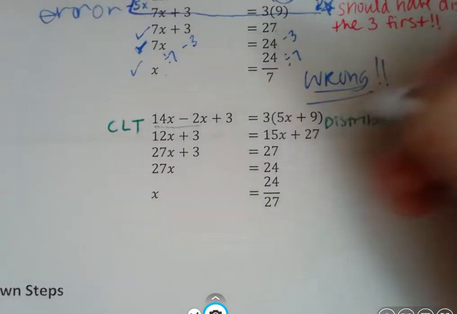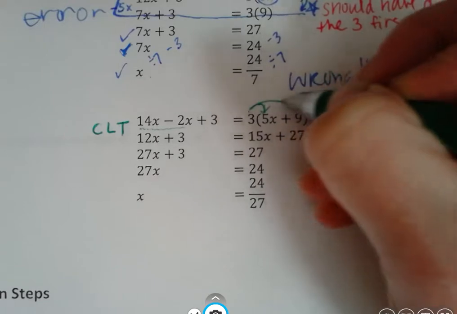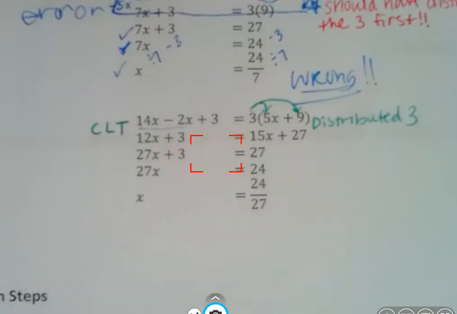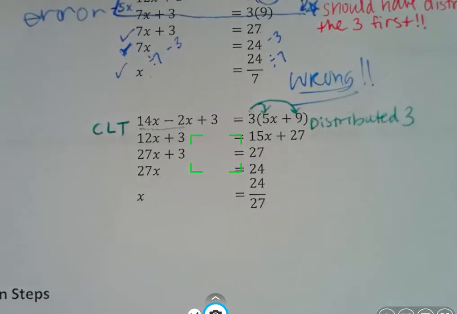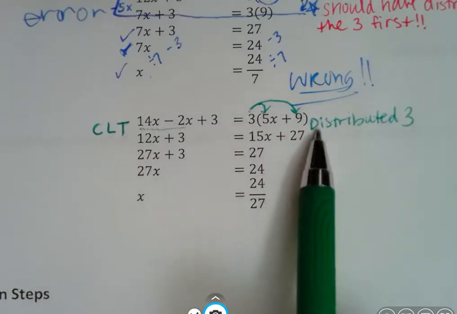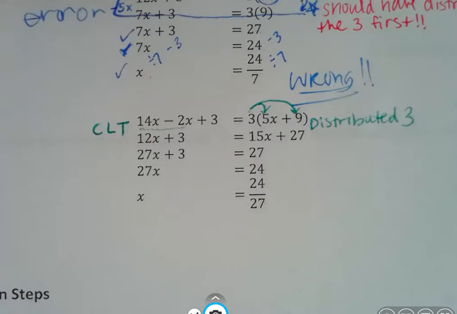So Noah did some simplifying on each side all at once, which is totally fine. Nothing wrong with that. Saves a little step. If you can keep track of everything, that's okay to do.